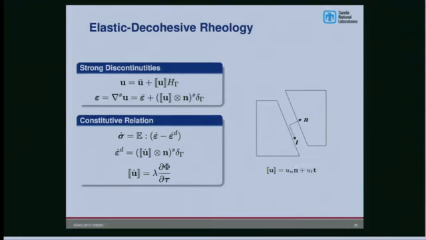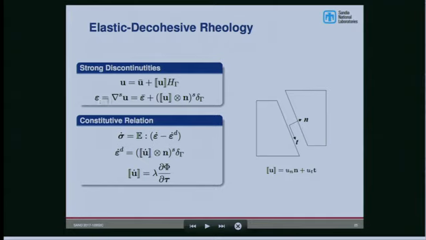So in terms of the rheology, we're assuming, as I said, strong discontinuities. So our displacement field has a smooth component and then a jump. This is the Heaviside function along the crack distance.